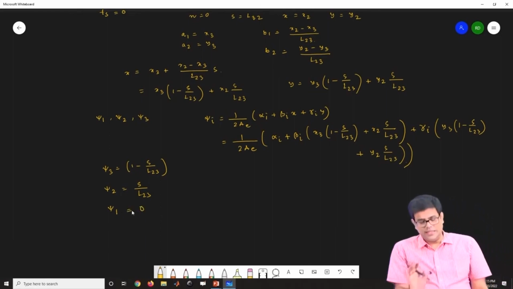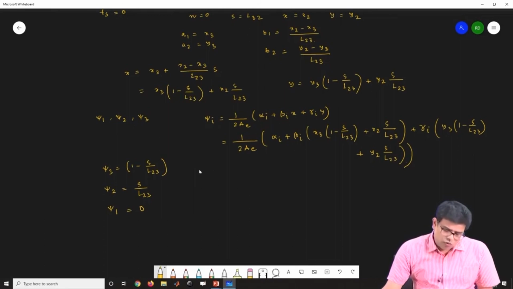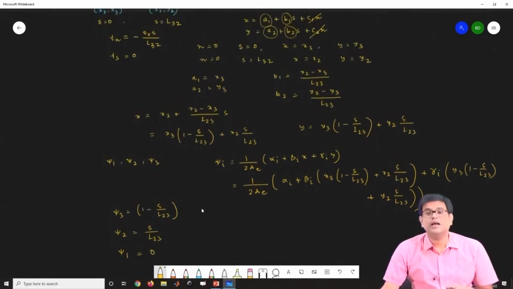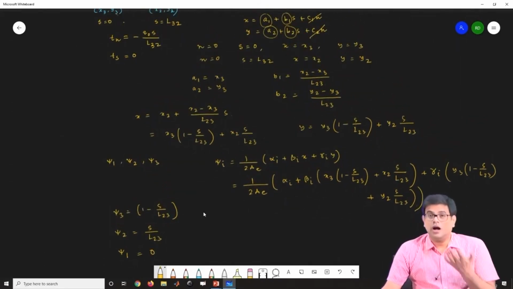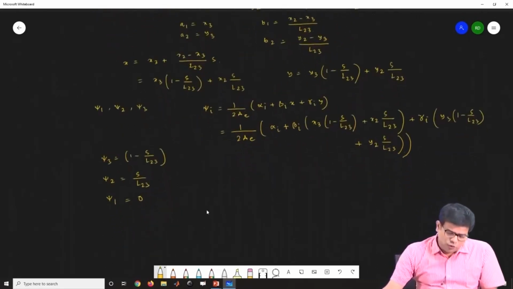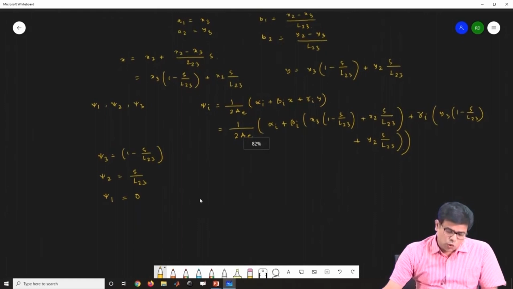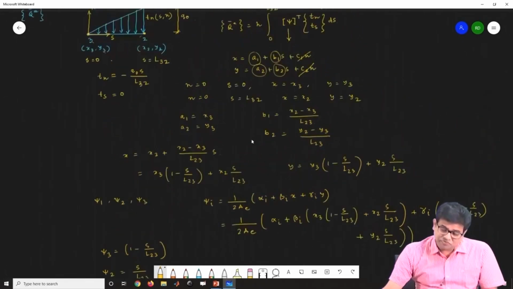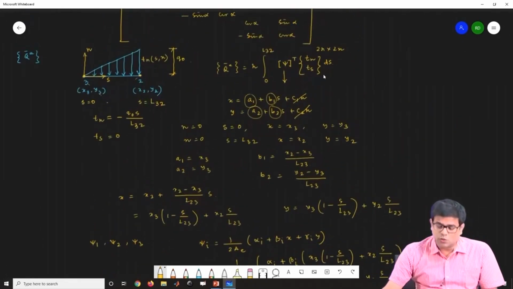You will see this. So now basically this is the same as the linear Lagrange polynomial for one-dimensional shape function, which is natural because the variation is essentially linear here. Now our objective is to find out this quantity.